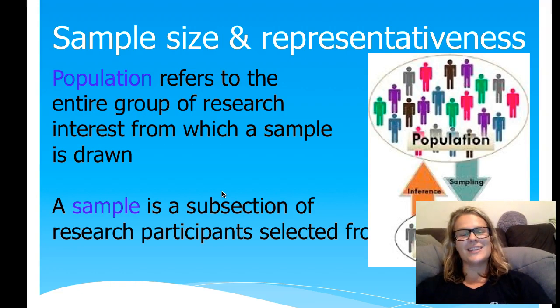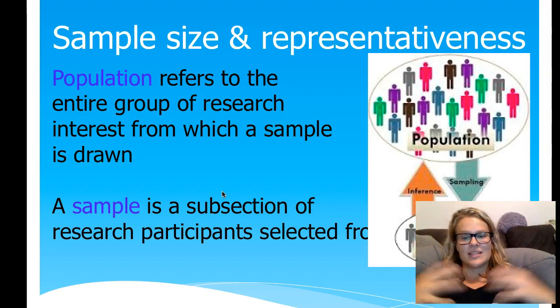The population is the group of people that you are drawing your entire research sample from. For example, the experiment we did on Wednesday would be based towards teenagers in the Riverland, or it could be students all over Australia. That is our population. Our sample is the subsection of research participants that we've collected.